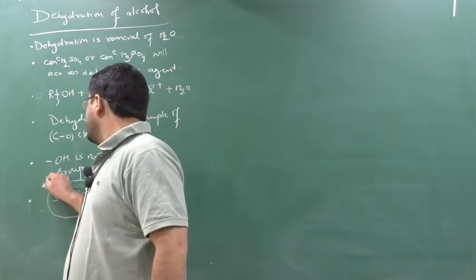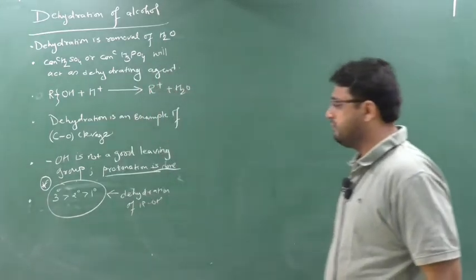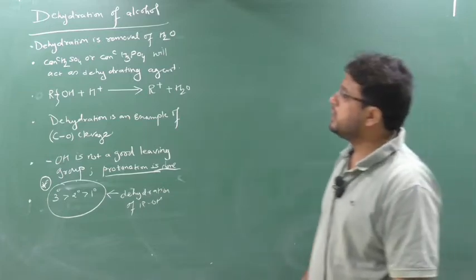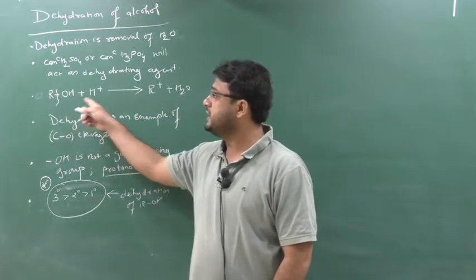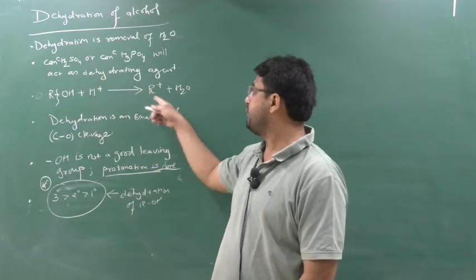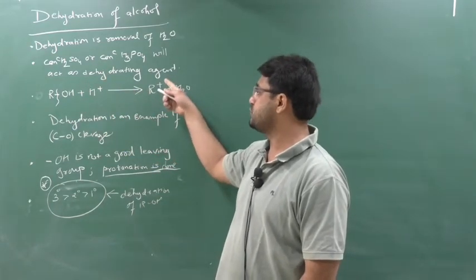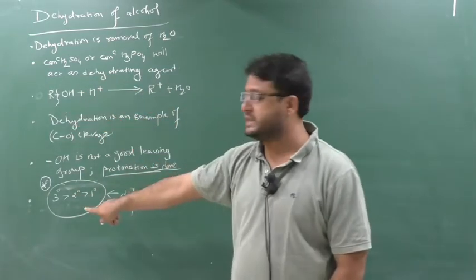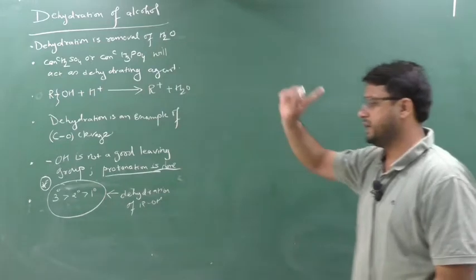Who will show dehydration easily? 3 degree will easily show dehydration, then 2 degree, then 1 degree, because 3 degree carbocation is more stable. So when 3 degree alcohol undergoes dehydration, the reaction will be very fast, because in dehydration there is a formation of a carbocation, and the 3 degree carbocation is more stable, so it can be easily generated. Dehydration will be very fast in 3 degree, then in 2 degree, then in 1 degree.